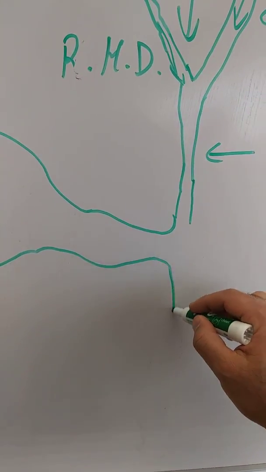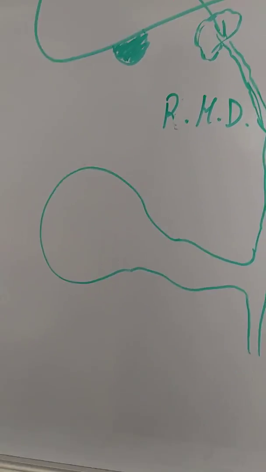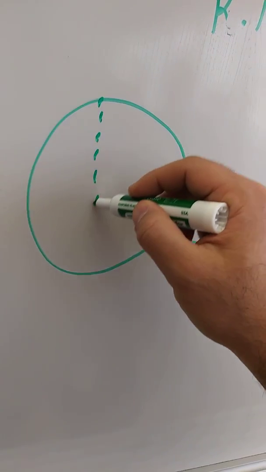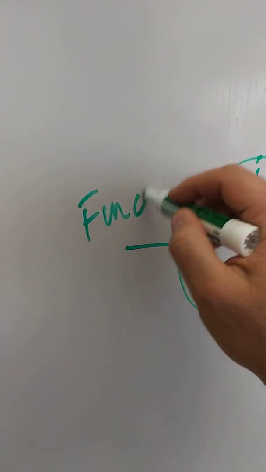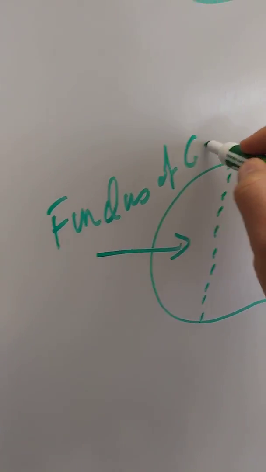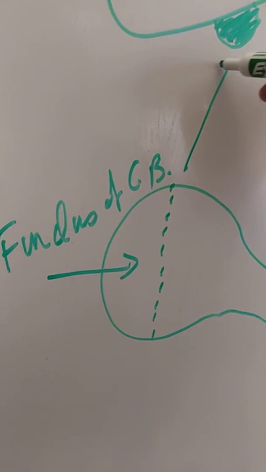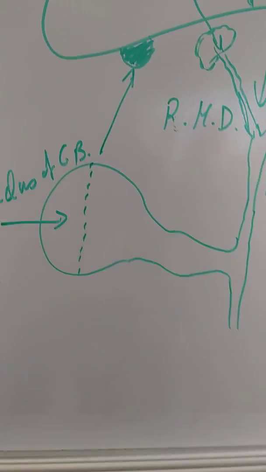Now if you recognize, this looks like a pear-shaped organ, and the upper portion is called the fundus of the gallbladder. And again, that's what we see protruding right here.